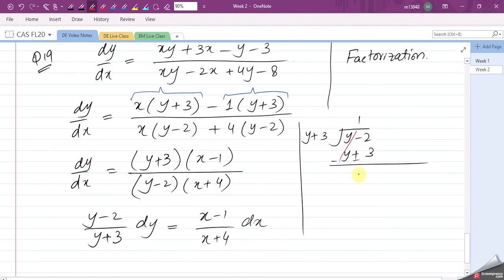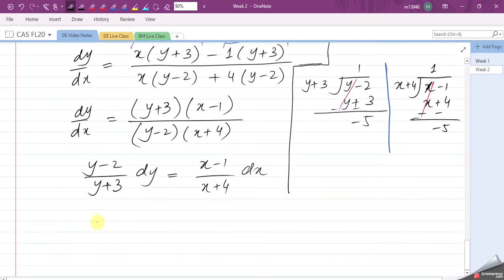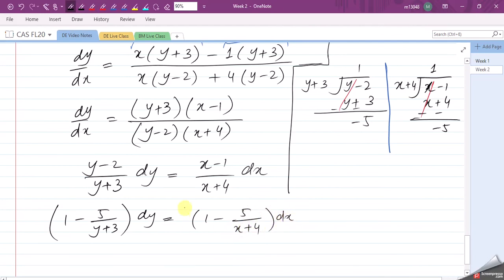So this means, so this gives, and similarly, right, from these we can write 1 minus 5 over y plus 3 dy, 1 minus 5 over x plus 4 dx.